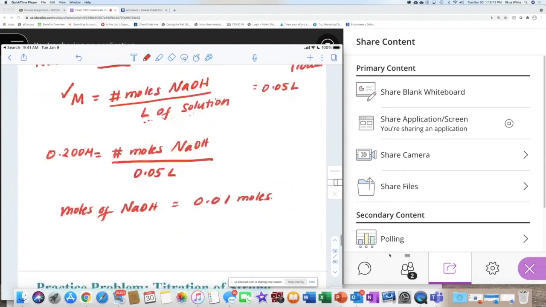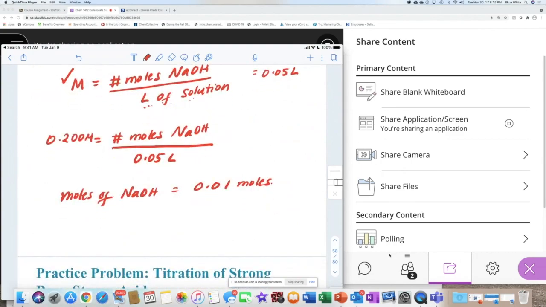And so to get the moles, you pretty much take molarity times volume. If the molarity was 0.1 molar times the volume of 1 liter, we essentially got the same number in moles.